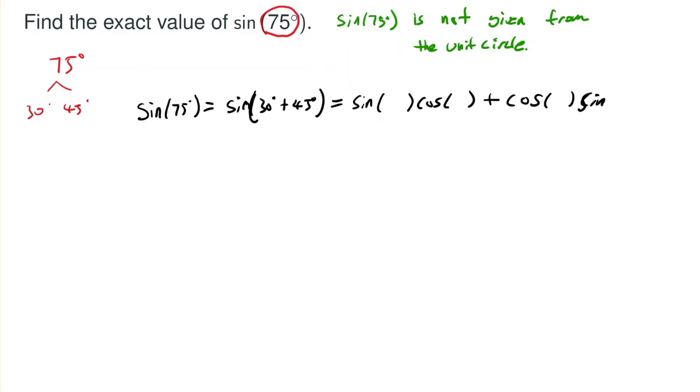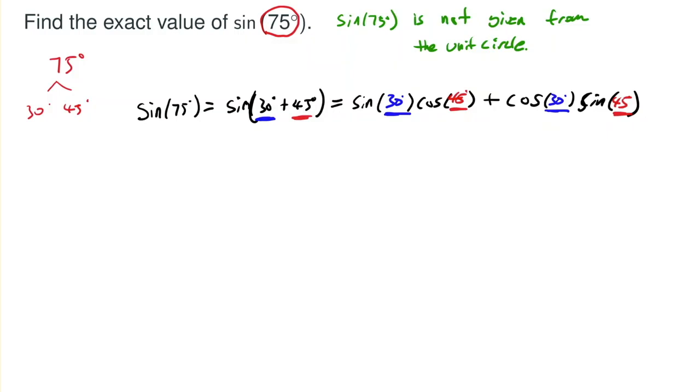This is sine. So the first angle goes here, 30 degrees, 30 degrees. And the second angle goes here and here, 45, 45. And we know now we can find each of these from the unit circle.